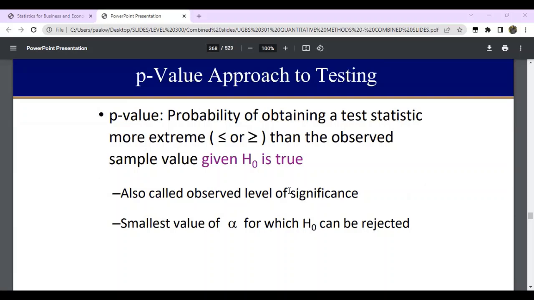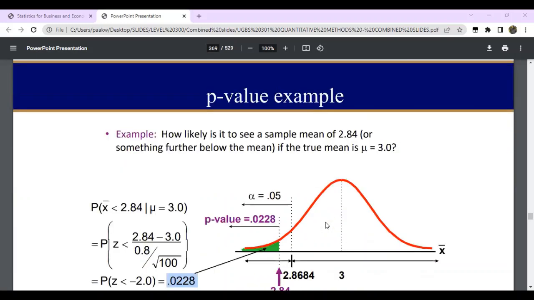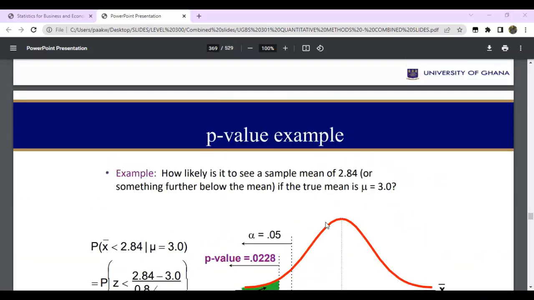It is also called the observed level of significance, the smallest value of alpha for which H0 can be rejected. So this will teach you the p-value approach.